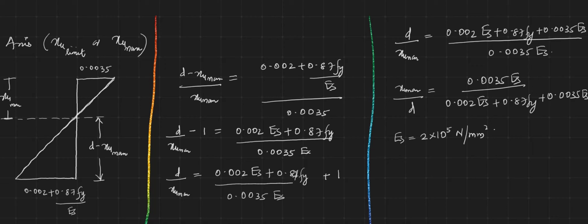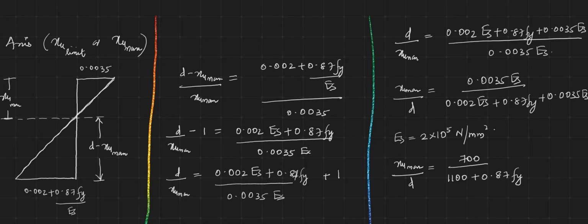you'll get XU max by d is equal to 0.0035 into 2 into 10 raised to 5, that you'll get as 700, divided by, in the denominator, 1100 plus 0.87 Fy.